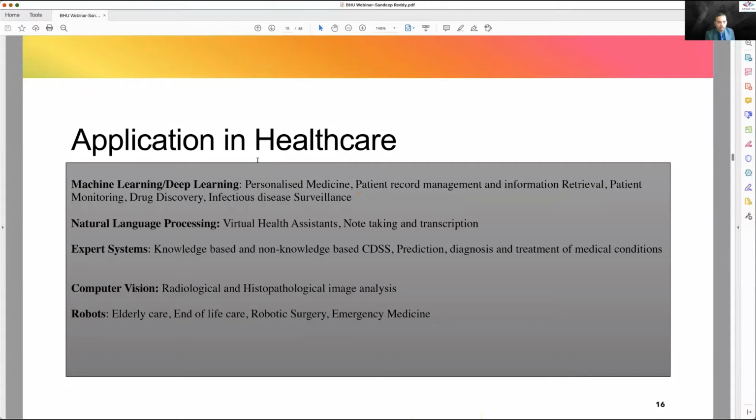Computer vision, which is a very popular AI technique, can be used for radiological and histopathological image analysis. And then there are robots. I'm not talking about the mechanical robots that existed pre-AI. I'm talking about embodied AI, or robots which utilize machine learning algorithms. They can also be used for robotic surgery, emergency medicine, and so forth.